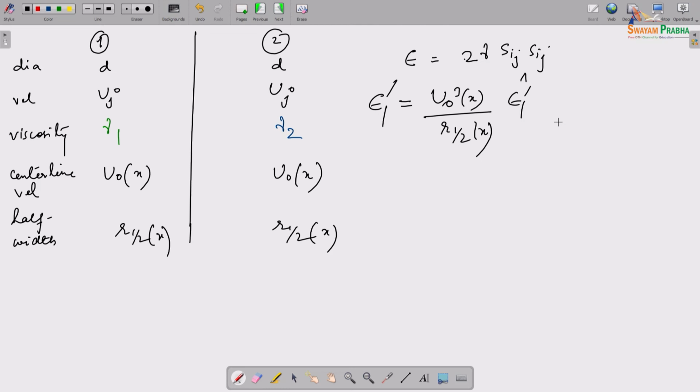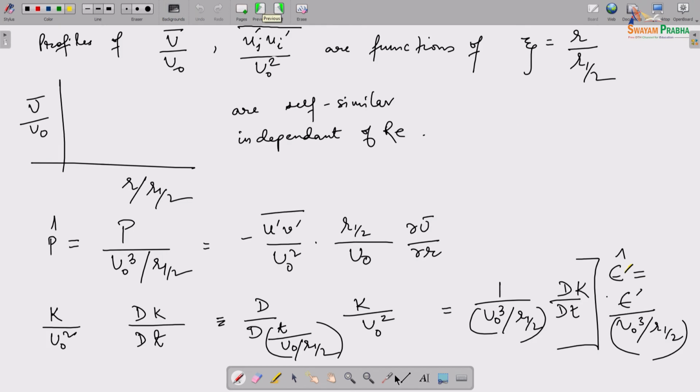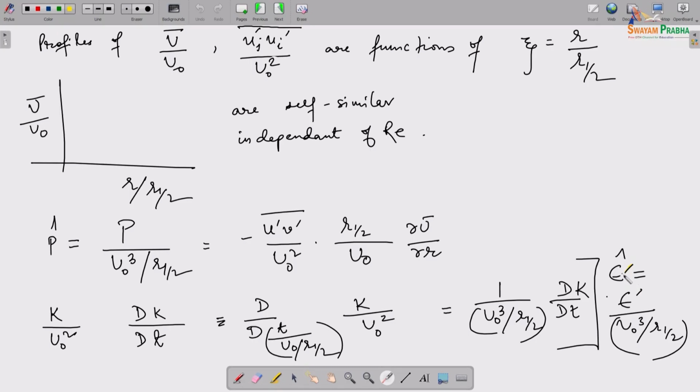So now here comes the point. The point is this term. If you look at this plot here, this will give you the same value for different values of epsilon dash, u naught, and r half. In the sense that when you plot all of these, they will all fall on the same plot, and therefore they're self-similar. So this will always have the same value.